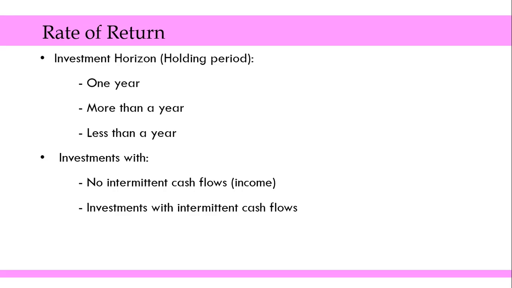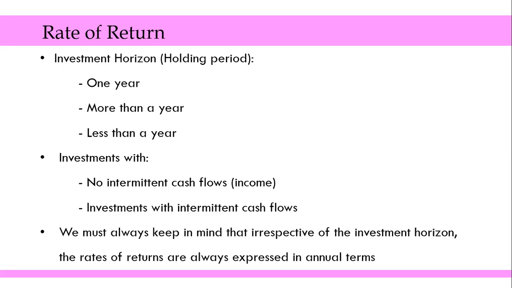So, this is an example of an investment which has intermittent cash flows. So we are now going to look at investments based on the holding period and investments based on the cash flow patterns involved in the investment.